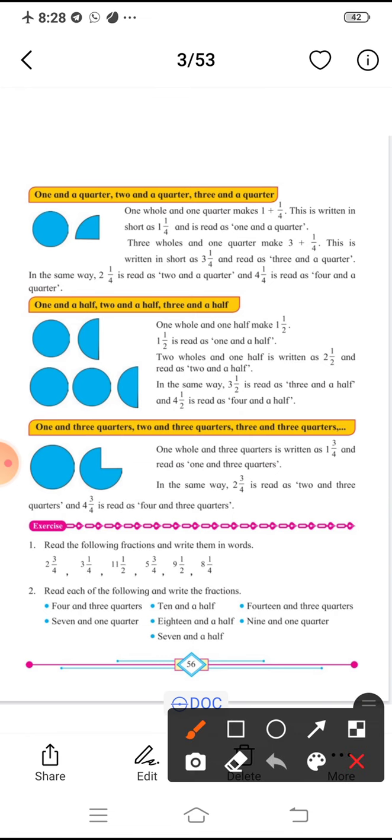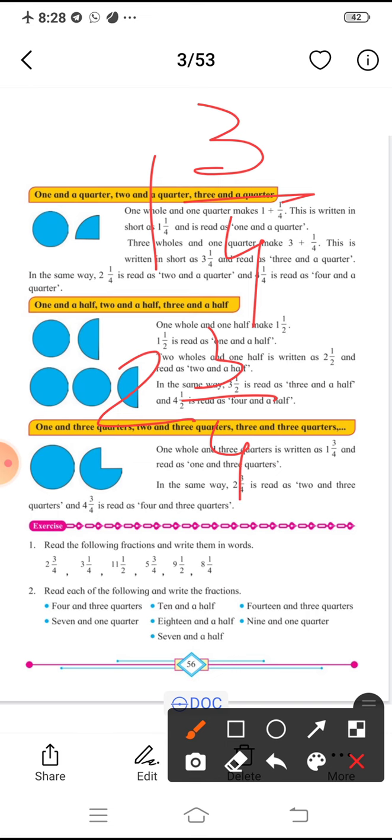Okay. Now 1 and 3 quarter, 2 and 3 quarter, 3 and 3 quarter. How will we write this? 3 quarter we will write as 3 upon 4. So 1 and 3 quarter, 2 and 3 quarter, 3 and 3 quarter, 4 and 3 quarter. Like that we will write it. Okay.